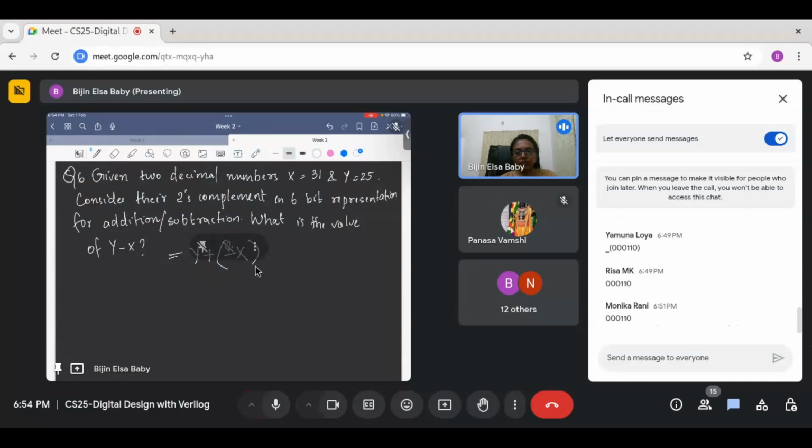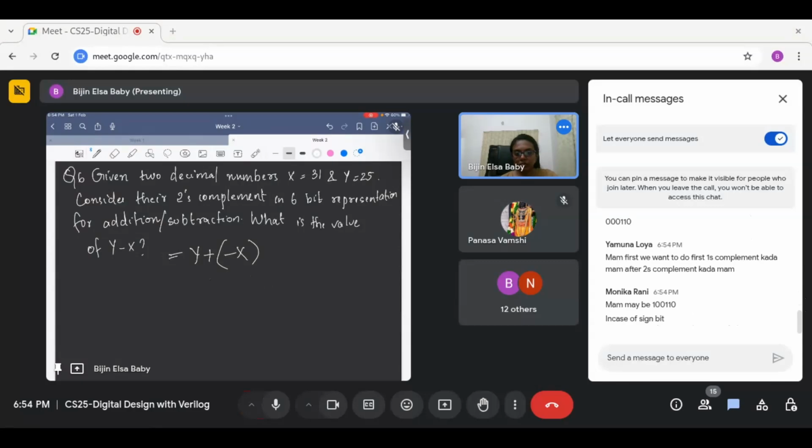Y is 25, then 100,110, that is also wrong.